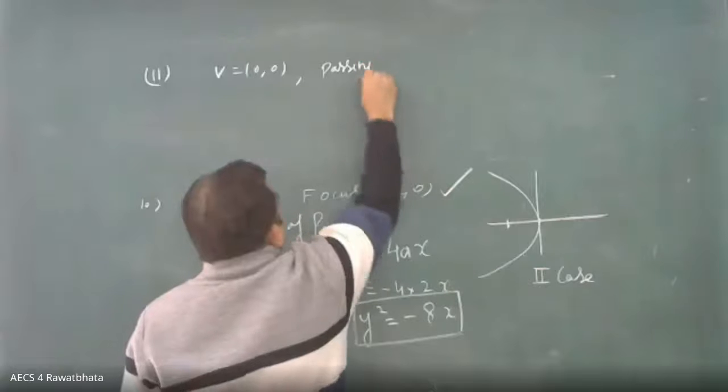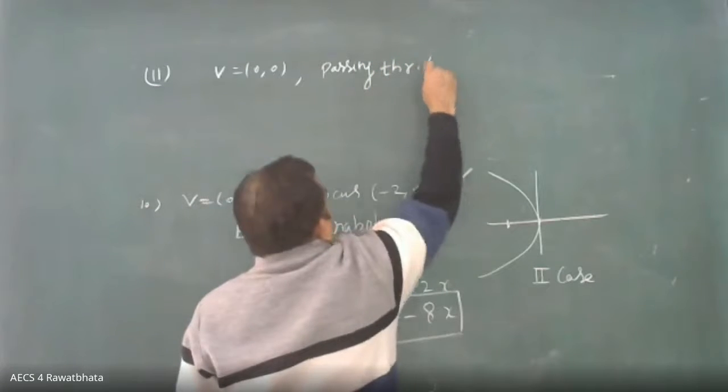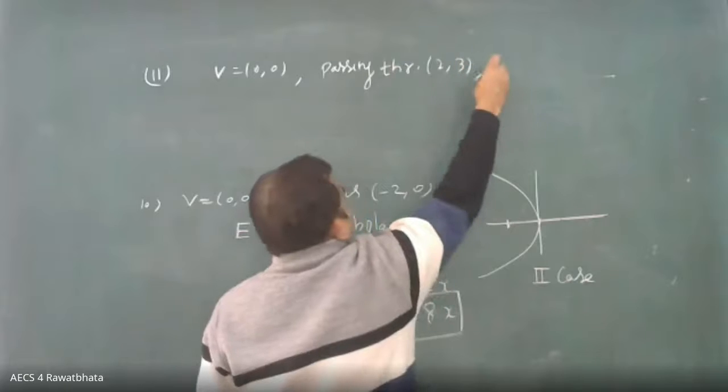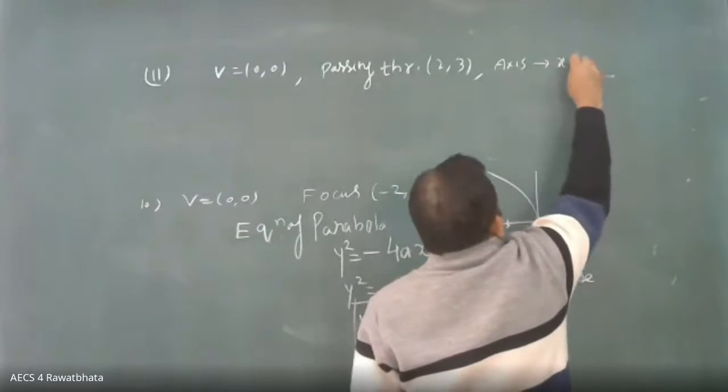Vertex 0, 0, passing through 2, 3 and the axis is along the x-axis. The x-axis is the axis.